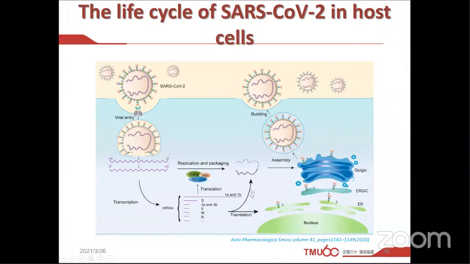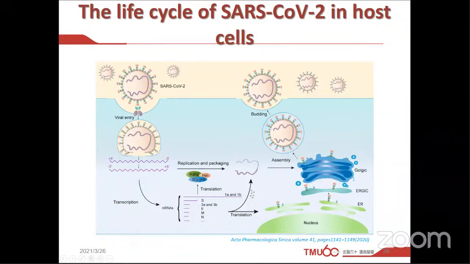So RNA can duplicate itself, and after transcription and translation will produce a lot of structural proteins, and later on will assemble and, through exocytosis, release the baby virus outside of the cells. That's very important for the life cycle, and it's a very good target for treatments.